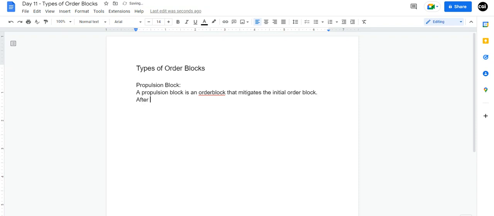After a propulsion block is formed, it acts as the new order block.